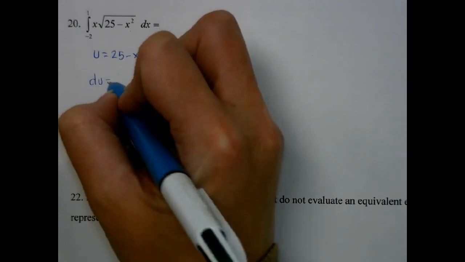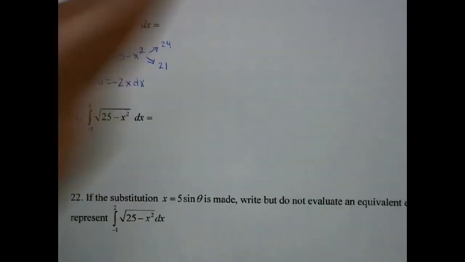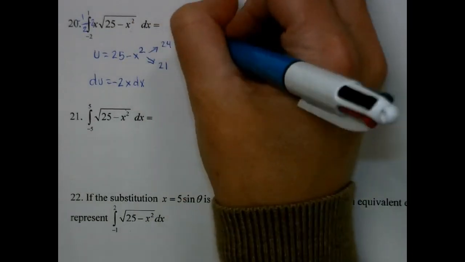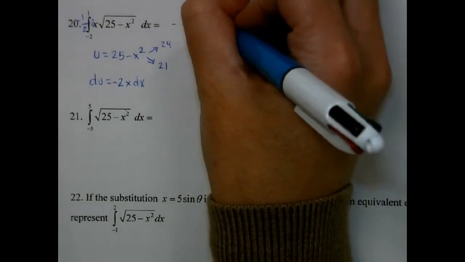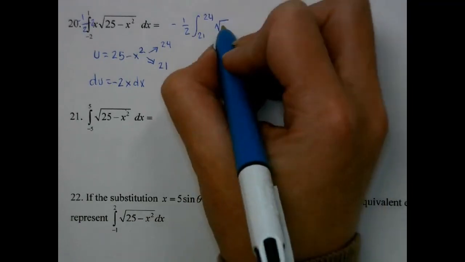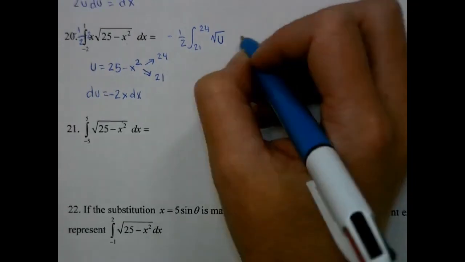du is going to be negative 2x dx. So you can make a negative 2 here. So we have a negative 1/2 there. So this is negative 1/2. My new limits of integration are 21 and 24. And then we have the square root of u, which is the same as u to the 1/2.